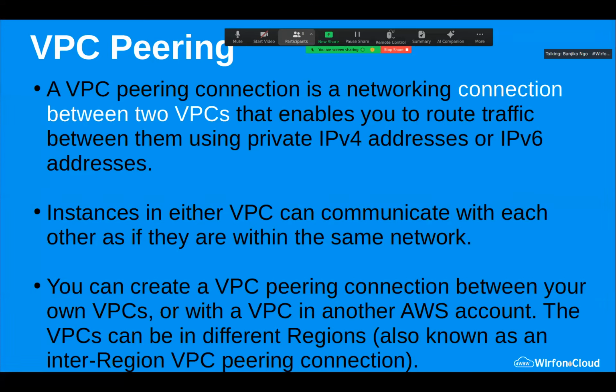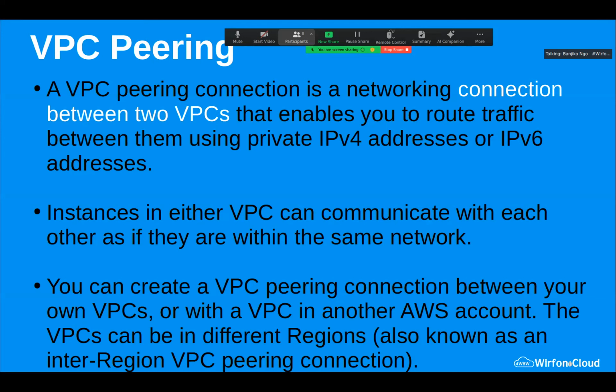And it happens that customer A buys customer B. So a business happens to buy another business, and there's a merge between these two companies. Now the resources that are sitting in B need to talk. This is where VPC peering can be useful.